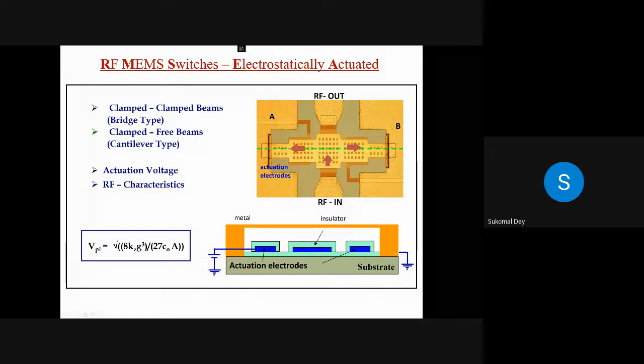So when you are applying the biasing, then what is happening? Your beam is snapping down, and your entire signal is connected to the ground. You can see the arrow which represents how the signal is being grounded. So this is the way these kinds of switches work.